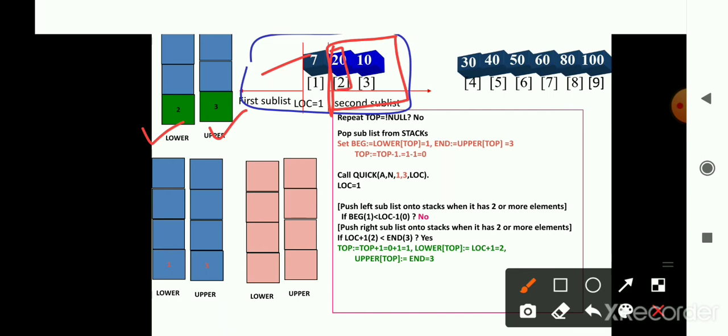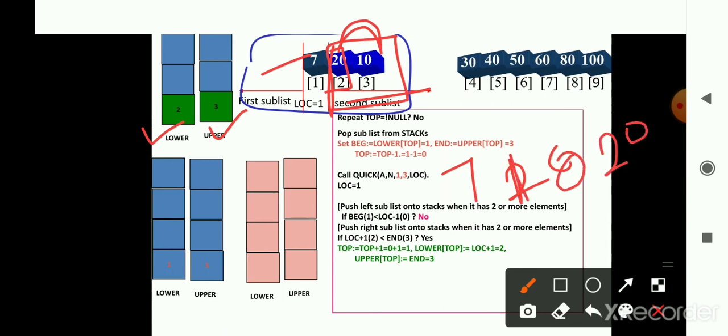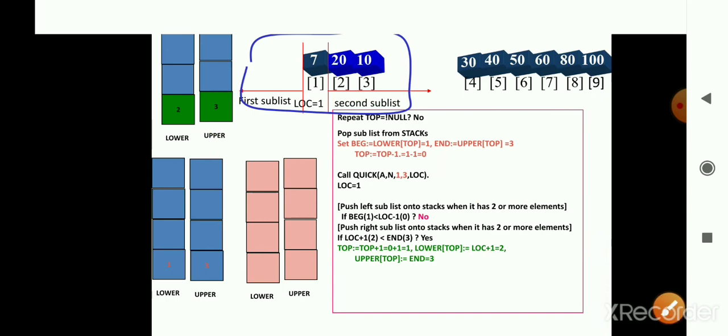Here the 20 will be the pivot. We are going to check for smaller. Yes, 10 is smaller, so we have to exchange it. So we will have the values 7, 10, 20, 30, 40, 50, 60, 80 and 100. So the list is sorted here.